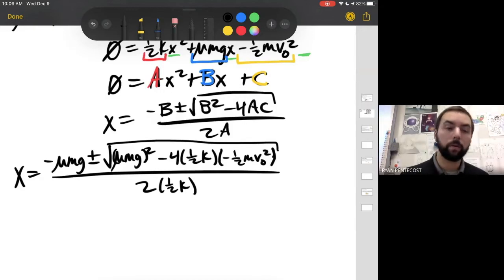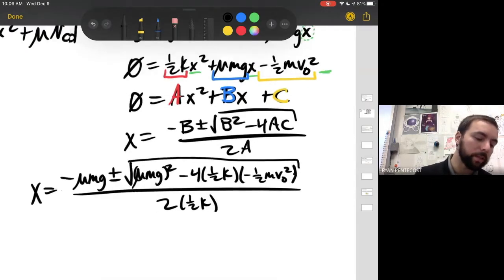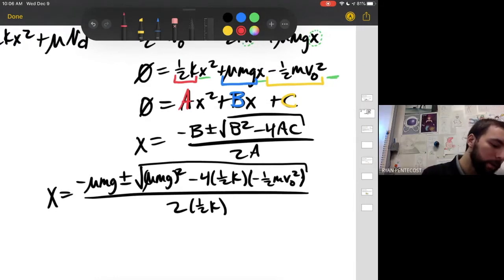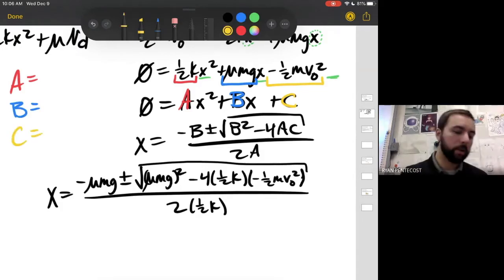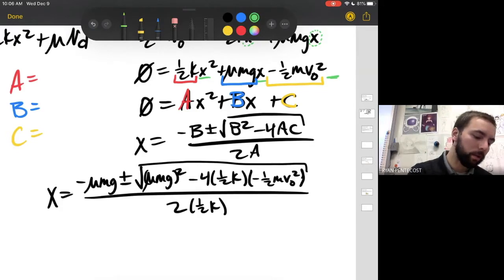That you could do, and then you could put in all of your numbers and hope for the best that you put in all the parentheses right on your calculator. However, what I would recommend is instead get a value for A, for B, and for C, and just plug those values in right here.